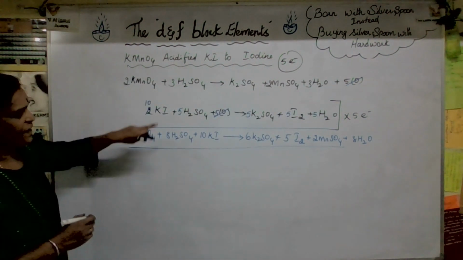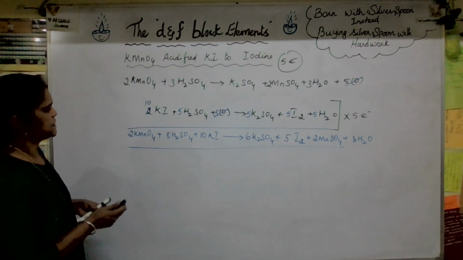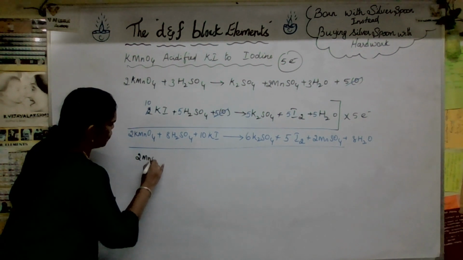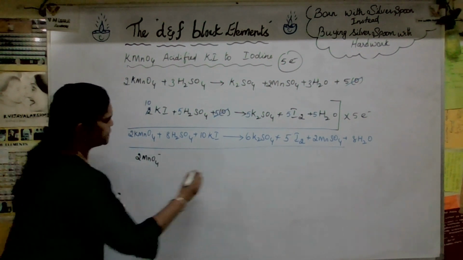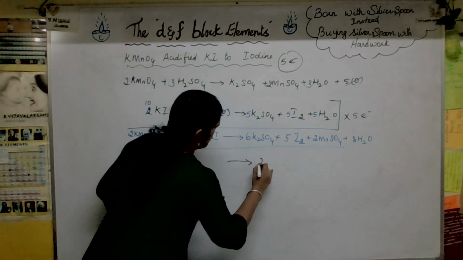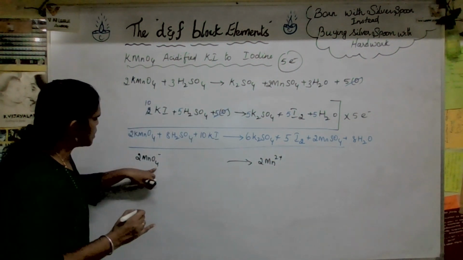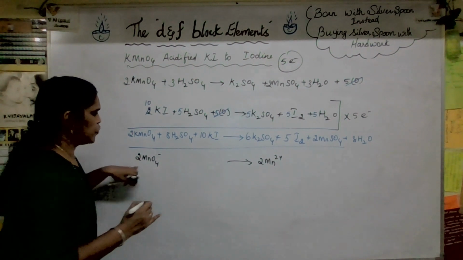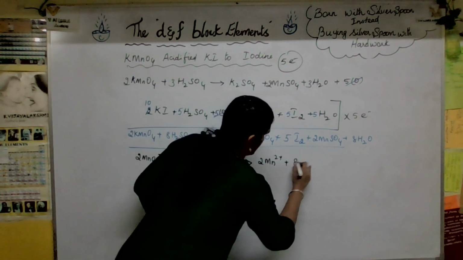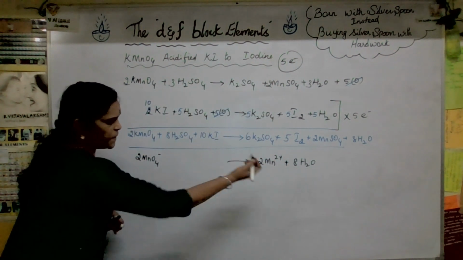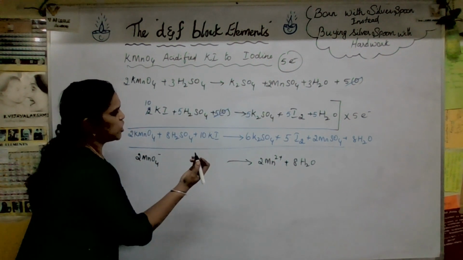Now, how to write the ionic equation of this? Right? Okay, now here 2 MnO4 minus gives 2 Mn2 plus. How many oxygens are available? 4. 4 twos are 8. So that means 8 H2O. How many H plus ions, hydrogen, are available?